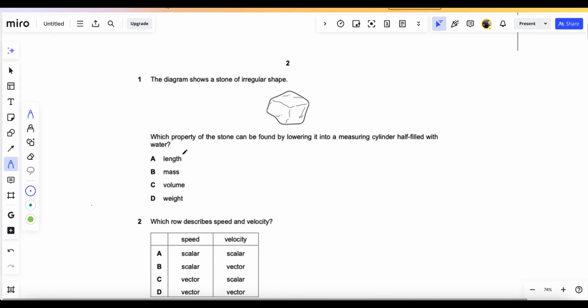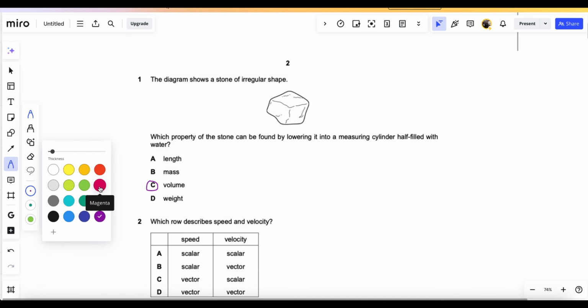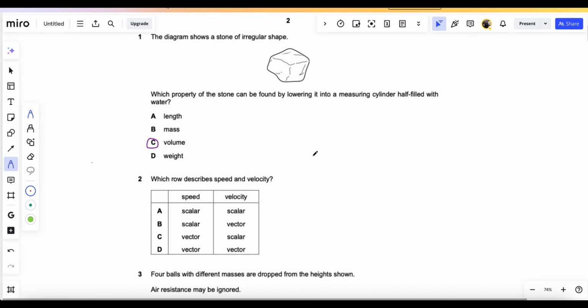Okay, that's volume, right? That would be the volume. So number 1 is the volume.